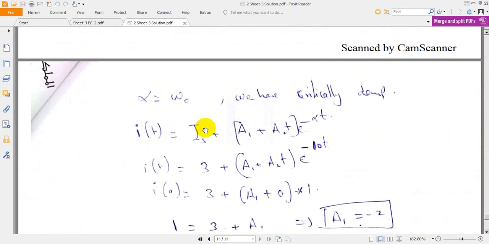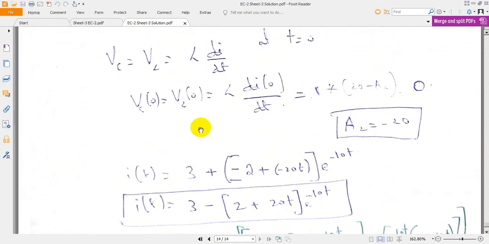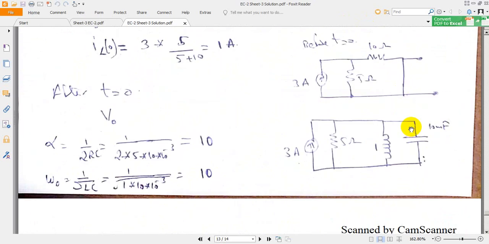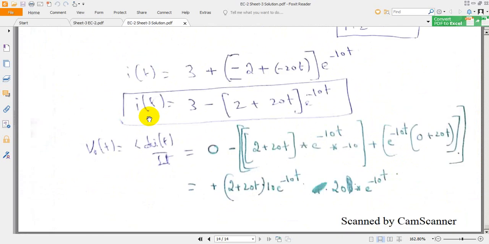If we want to calculate the voltage across the capacitance, it will be equal to the voltage across the inductance. So to identify the voltage across the capacitance, we need to identify the voltage across the inductance. Voltage across the inductance is given by L di by dt.